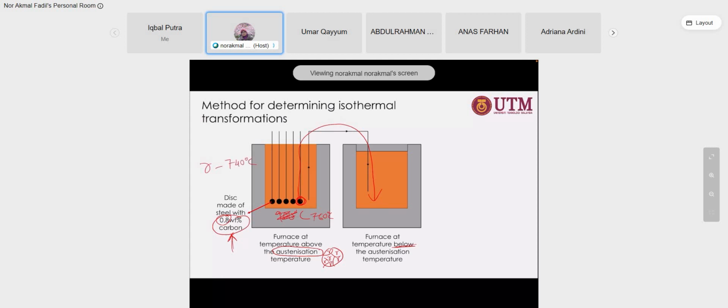For the first experimental work, you can choose a temperature below this, let's say 730 degrees Celsius.